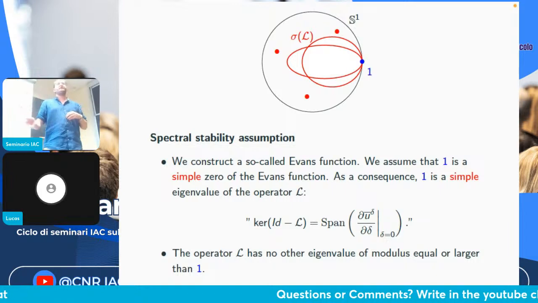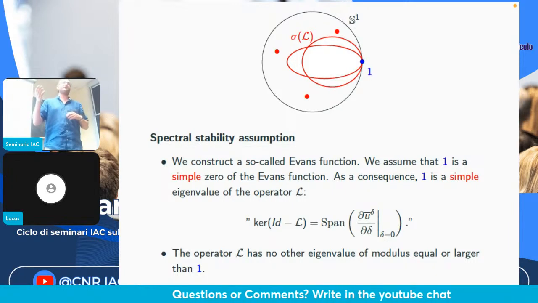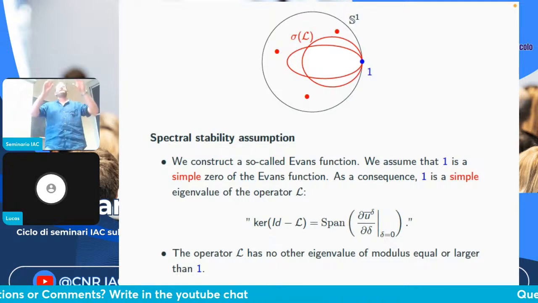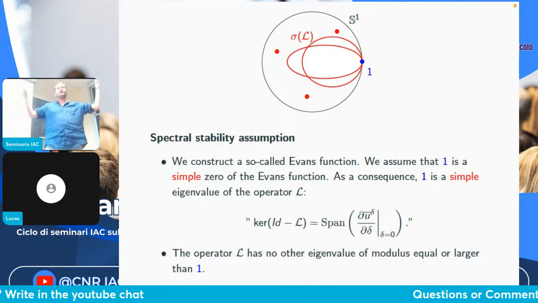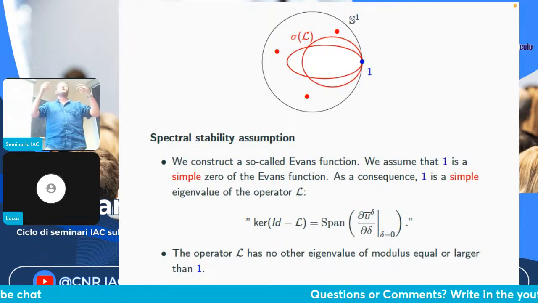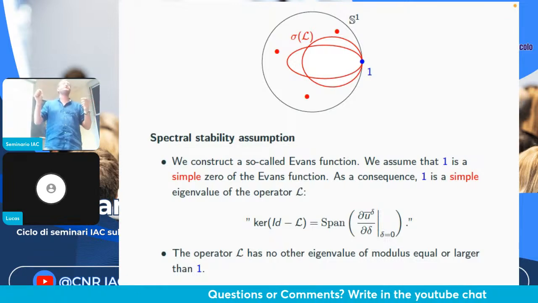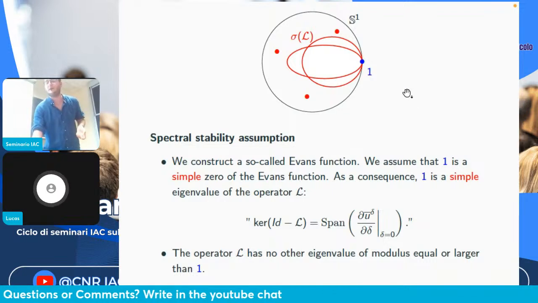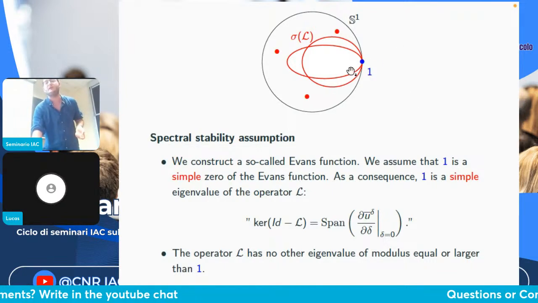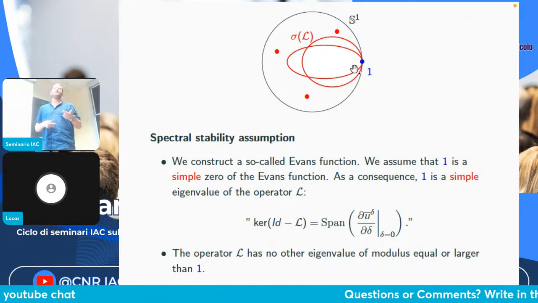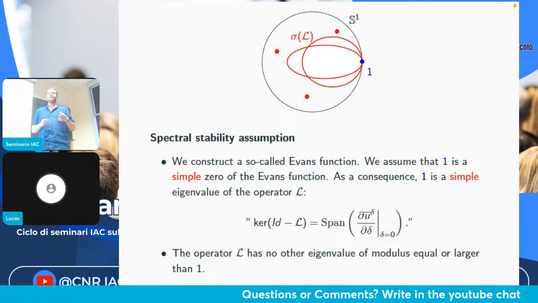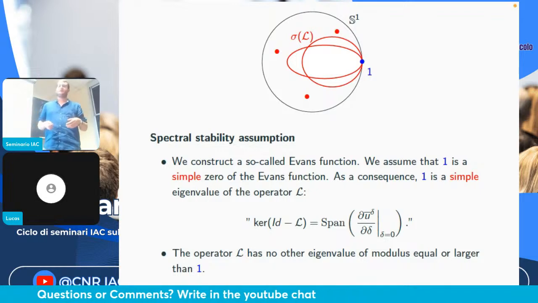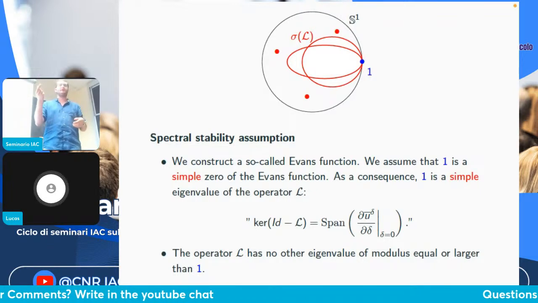The Evans function is essentially an equivalent of the characteristic polynomial for your operator L, meaning that it's a holomorphic function that vanishes at values which are eigenvalues of your operator. This means that because 1 is an eigenvalue, your Evans function will vanish at 1. Your assumption is that 1 will actually be a simple zero of the Evans function. This is very theoretical, but more concretely, this will tell you that 1 must be a simple eigenvalue of the operator.